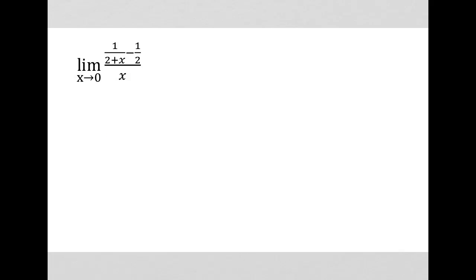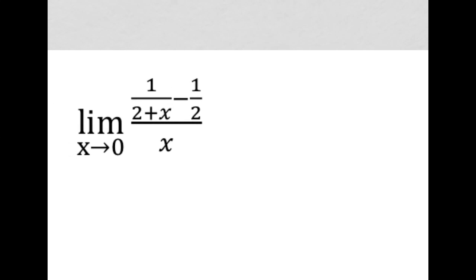So now let's jump back to where we've been, and let's remember how to solve this problem right here. Well, when we get that fraction in the numerator, we need to find a common denominator. So I'm going to need to multiply this fraction by 2 plus x over 2 plus x, and I'm going to need to multiply this fraction by 2 over 2.